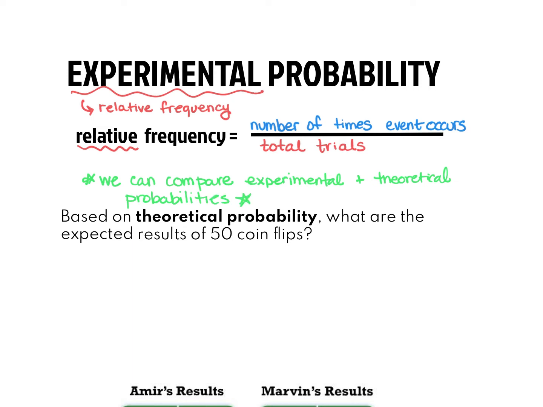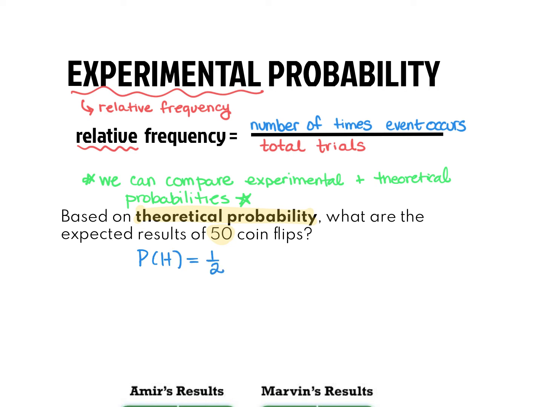So here's an example. Based on the theoretical probability, what is the expected result of 50 coin flips? So let's think about this. Before we get to experimental, we're going to talk about theoretical. So theoretically, what should happen if you flip a coin 50 times? Well, we know that the probability of flipping a head is 1 out of 2.